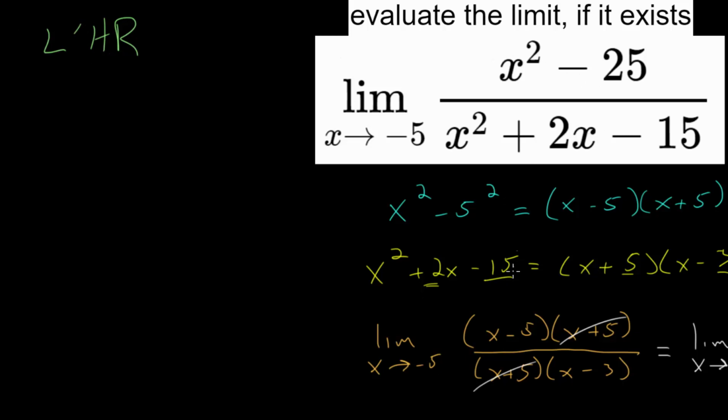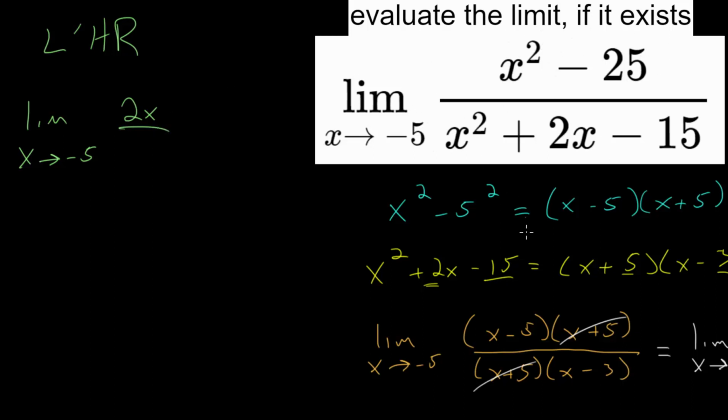If we take the derivative of the top, we just use the power rule. And we're still taking the limit as x approaches -5. But now we would just have 2x, which is the derivative of x squared. We bring the 2 down, we subtract the exponent by 1. And then the derivative of a constant is just 0.